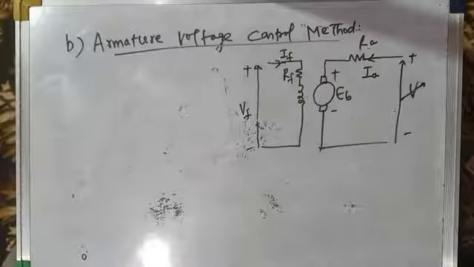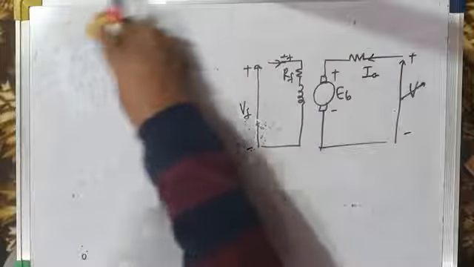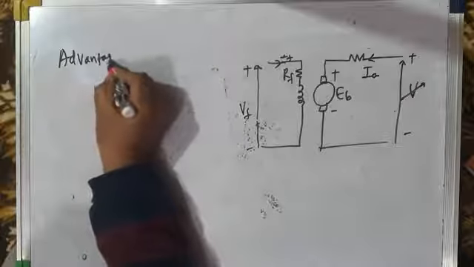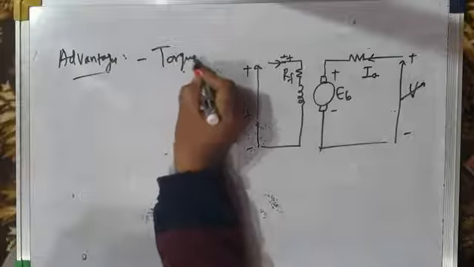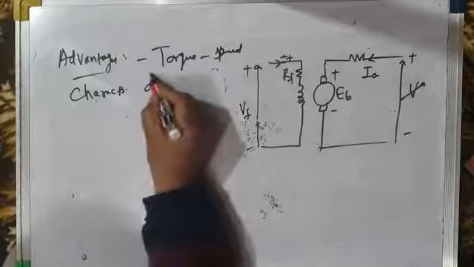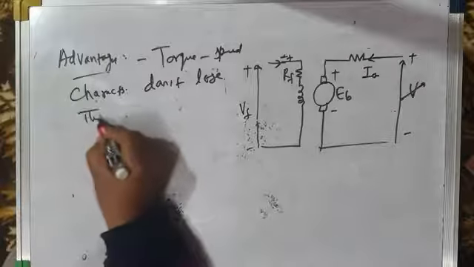Fine. Now the third method, this was about the armature voltage control method. So the advantages of the armature voltage control method: number one, torque speed characteristics don't lose their hardness.